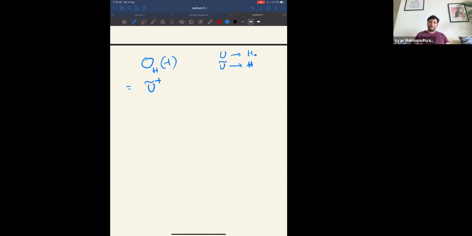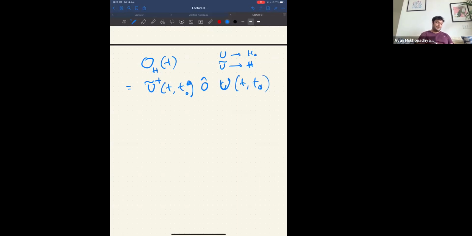So just use this notation, and it will be U tilde T T naught dagger O U T T naught, where T naught is the time of preparing the state or starting observations. So that's when all pictures agree, right?